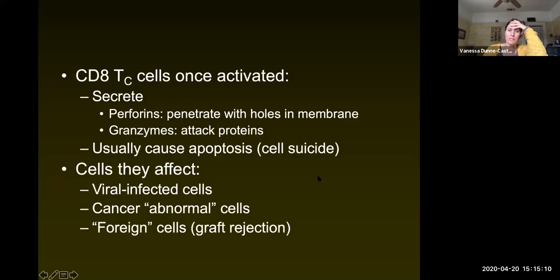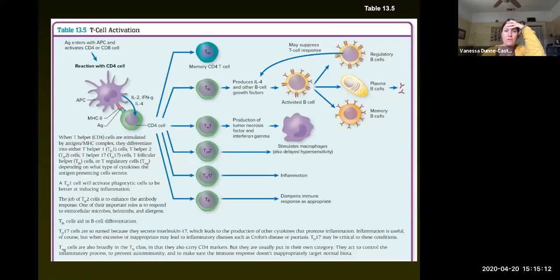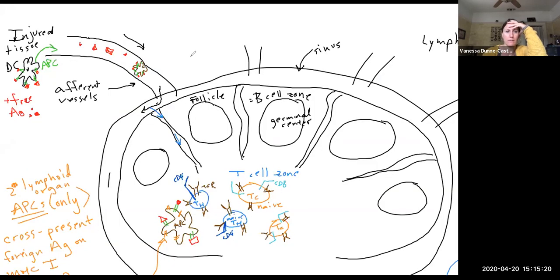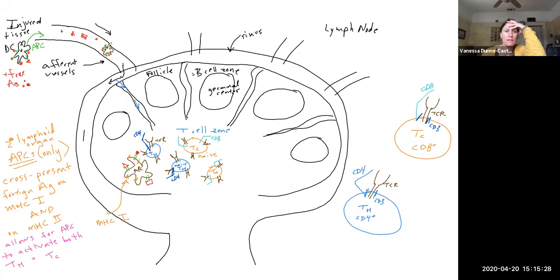So before we go into cytotoxic T cells, let's go back to one of our visuals. Let's go back to our lymph node. All right, so back over here in the beginning, we talked about how these antigen-presenting cells come in from the tissue, right?